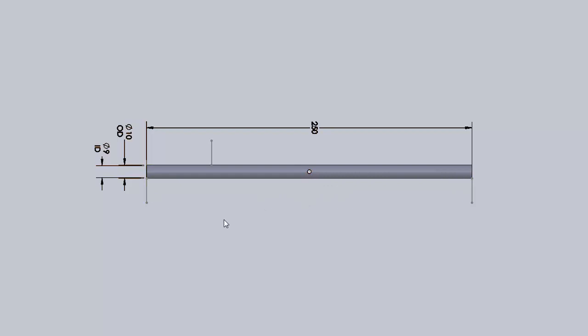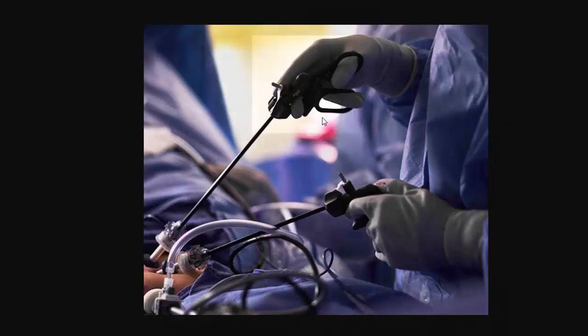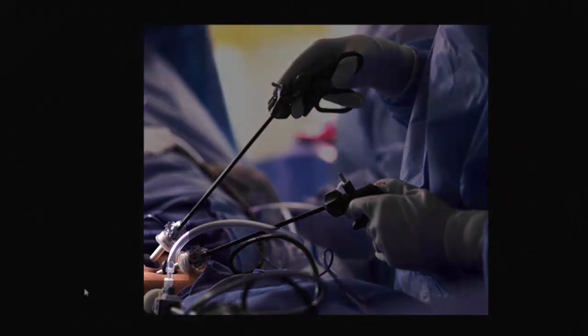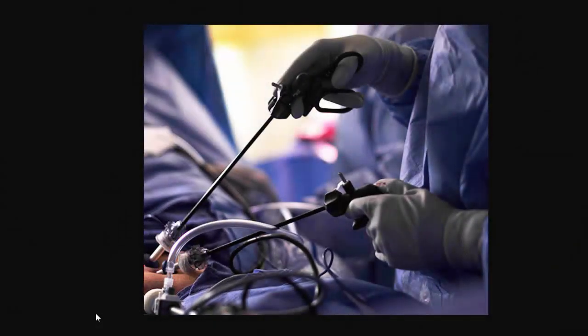Now, the surgeon operates it here, but it often rotates in this area, and down below inside the patient is where the actual work happens. So we literally have 1, 2, 3 places of contact, and sometimes this can result in a bending situation.